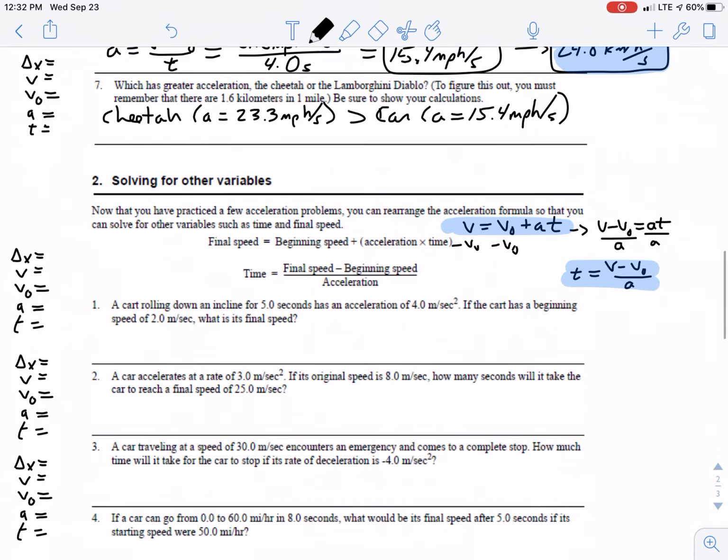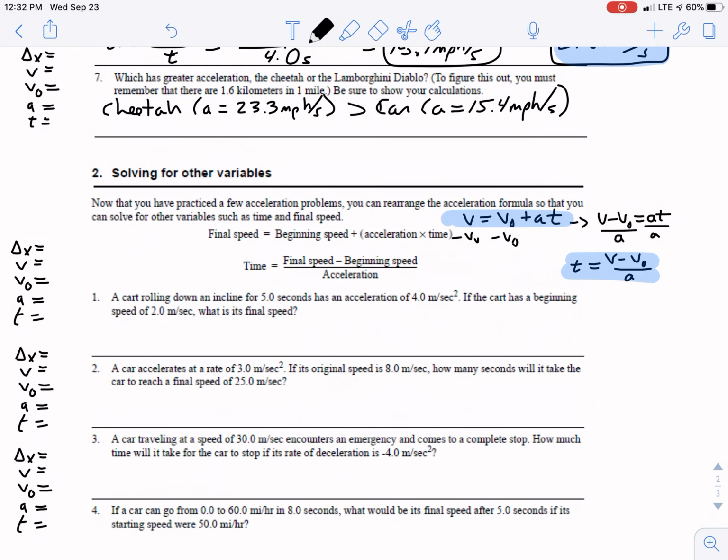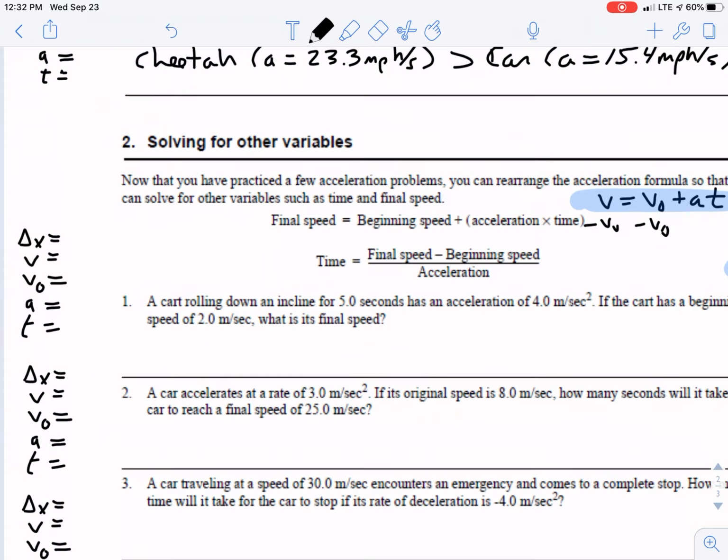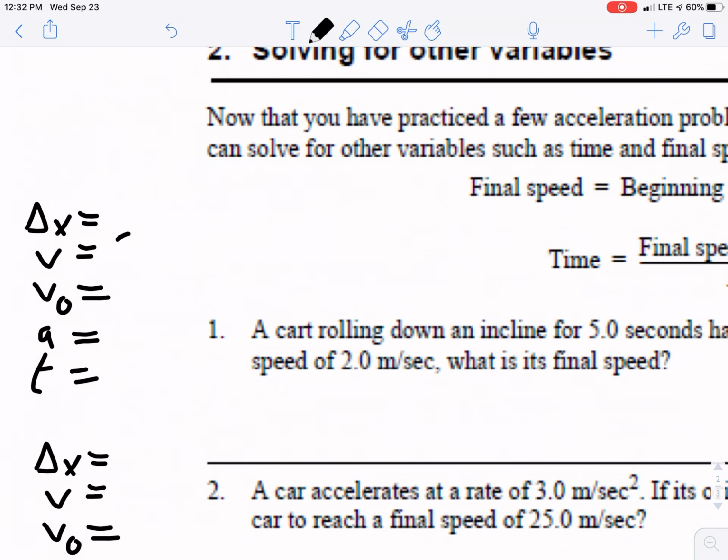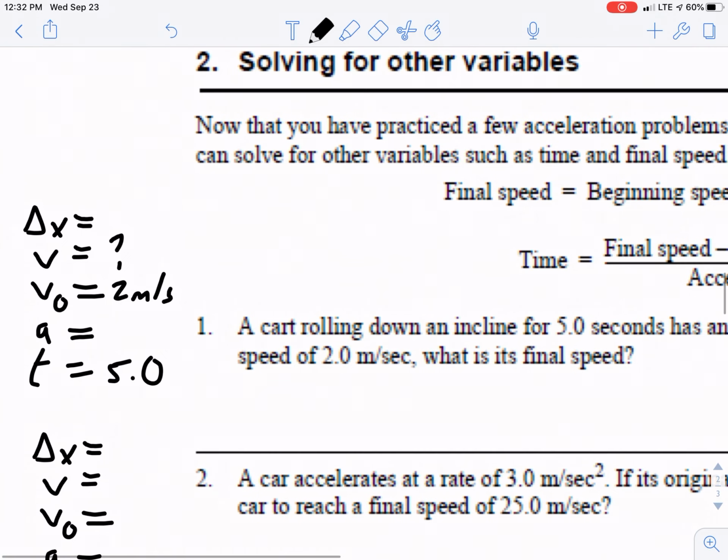Okay, in number 1, it says a cart rolling down an incline for 5 seconds has an acceleration of 4 meters per second squared. If the cart had a beginning speed of 2 meters per second, what's the final speed? So final speed is our unknown. Initial speed was 2 meters per second, 5 seconds this is happening for, and the acceleration was noted as 4 meters per second squared.